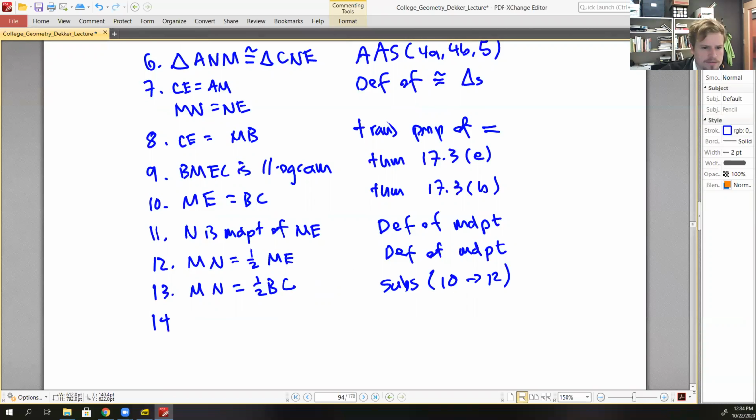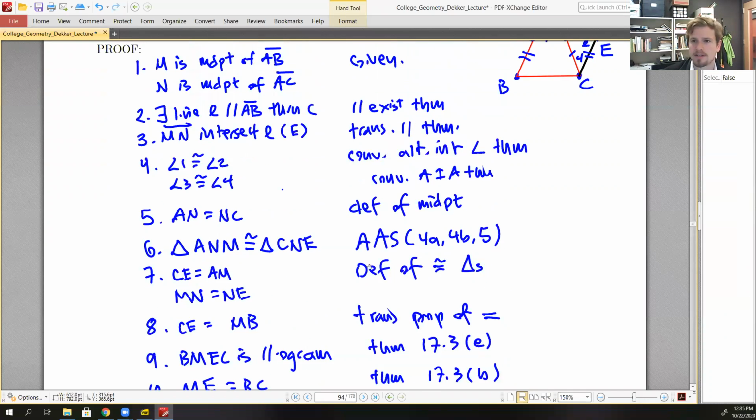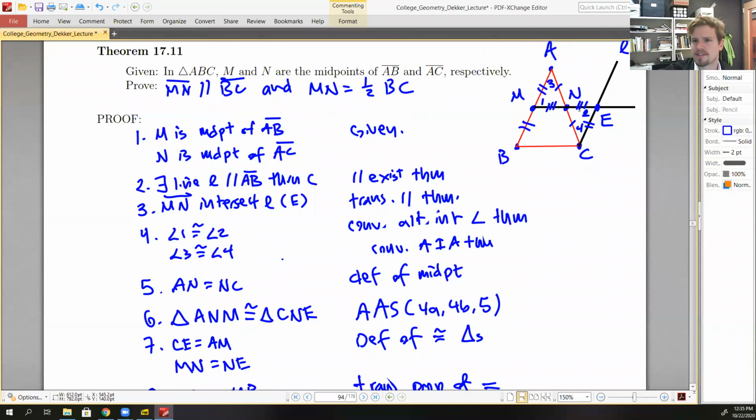And finally, we have that the distance is 1/2, but we also need to state that the two lines are parallel. And we have that this and this are parallel, hence MN and BC are parallel.